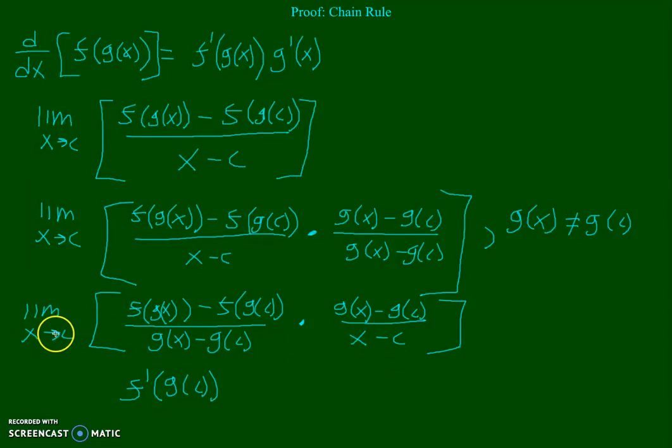And this quantity, with the limit as x approaches c of this quantity, becomes g prime of c. And so, in the more general case, we can say that this is f prime of g of x times g prime of x. And that's the chain rule with our special consideration.